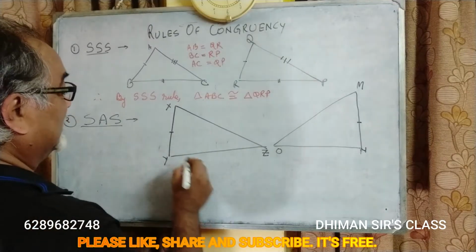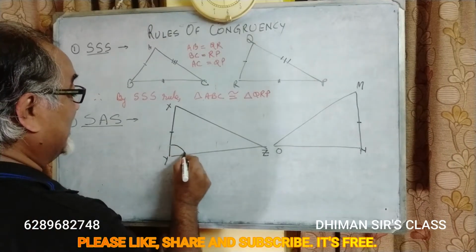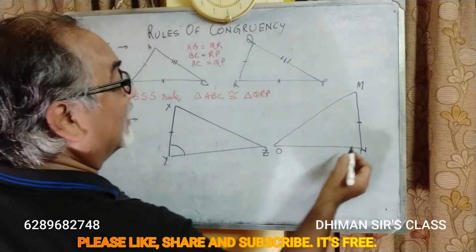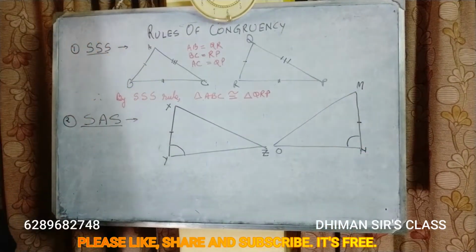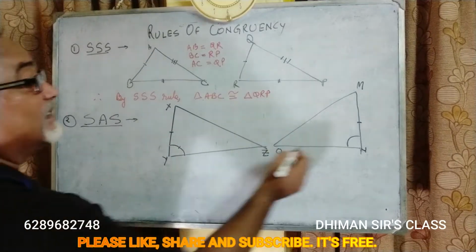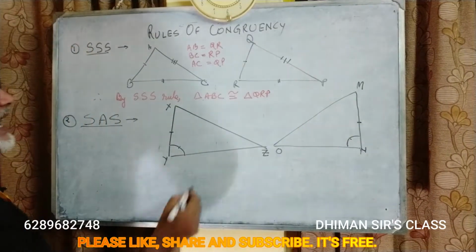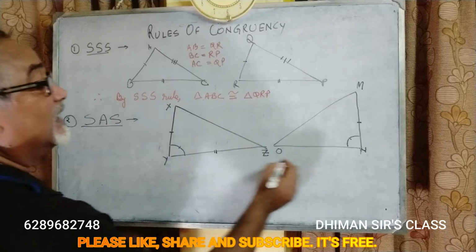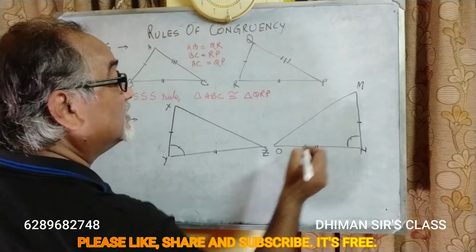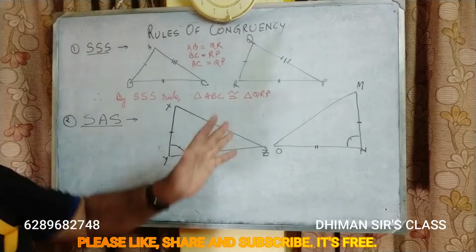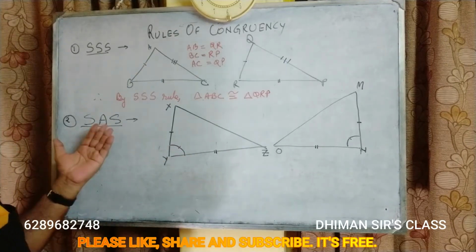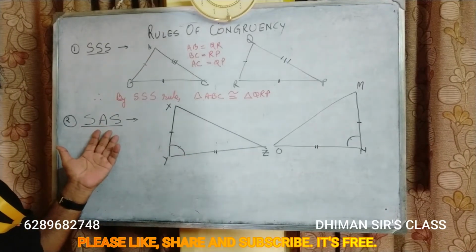Then this angle Y is equal to angle N. And this angle is equal to this angle. And this side is equal to this side. See, students, now which rule is applicable? Sir, SAS, side angle side rule.